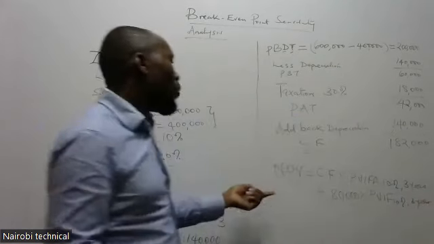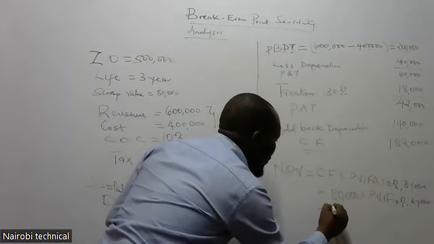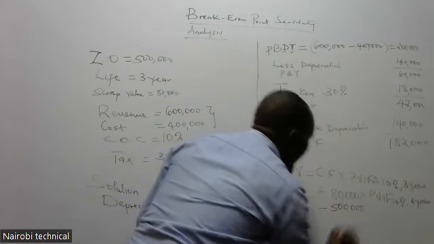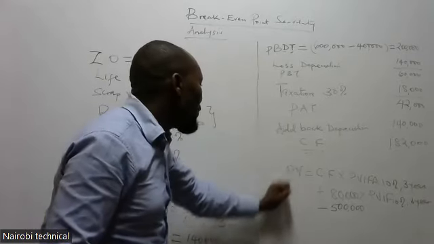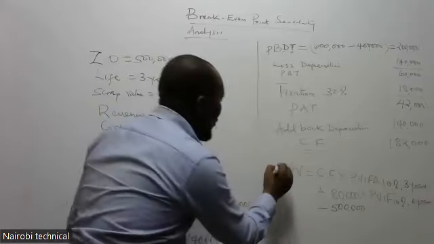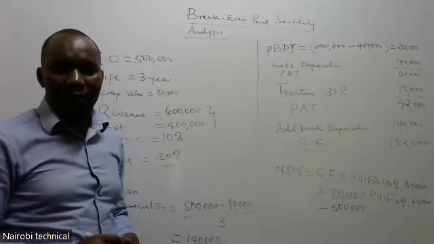And because we are talking about net, we have to minus the initial cost of capital, which is 500,000. Otherwise, if we don't minus 500,000, it is just the present value that we are getting. But if you want net present value, we have to minus that so that it is called net.